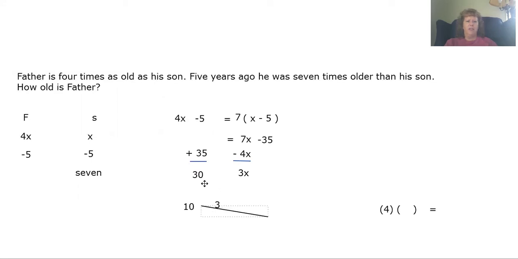If we divide both sides by 3, then x will be equal to 10. X is the son's age. But the question is, how old is father? And father is 4 times x. So if we substitute 10 for x, 4 times 10 is 40, and that is father's age.